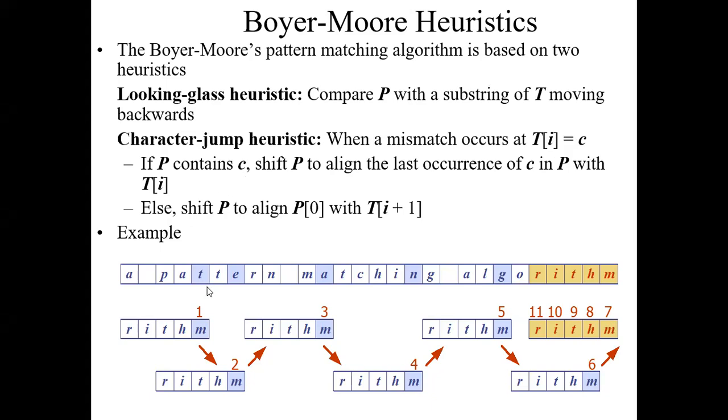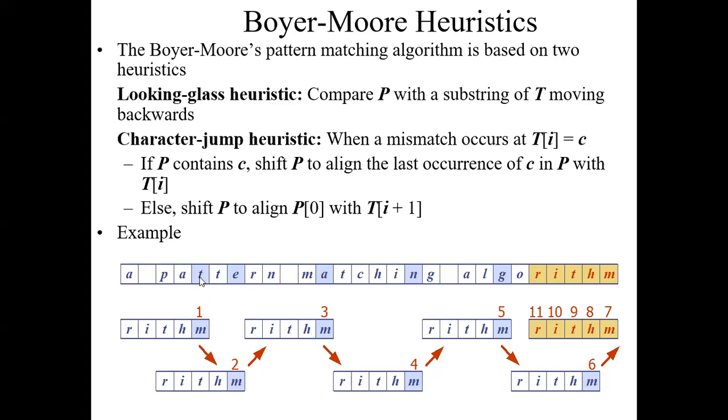For example, there is a mismatch happening here. Which character is at the ith index? T. Is this character T present in the pattern? It is. So we simply align this with this, as is happening here. Okay.